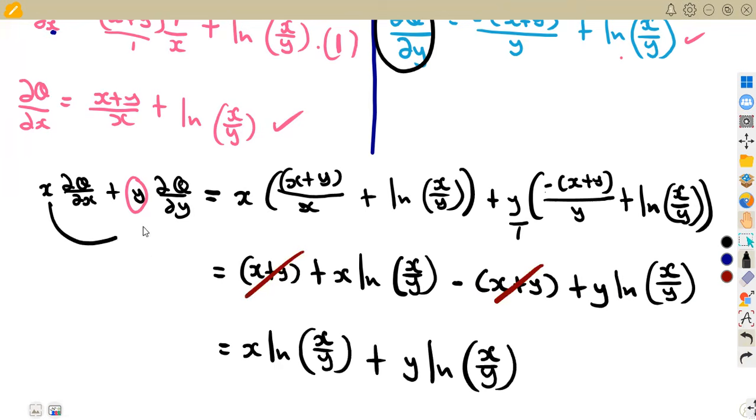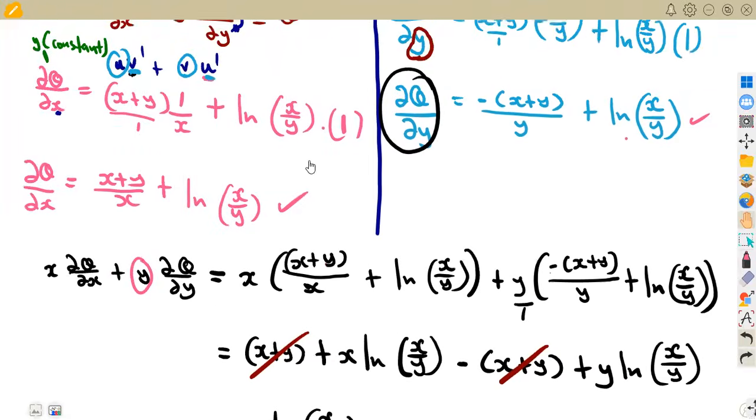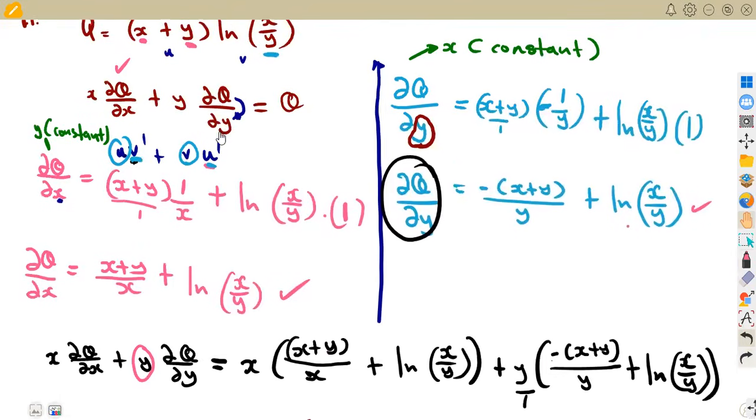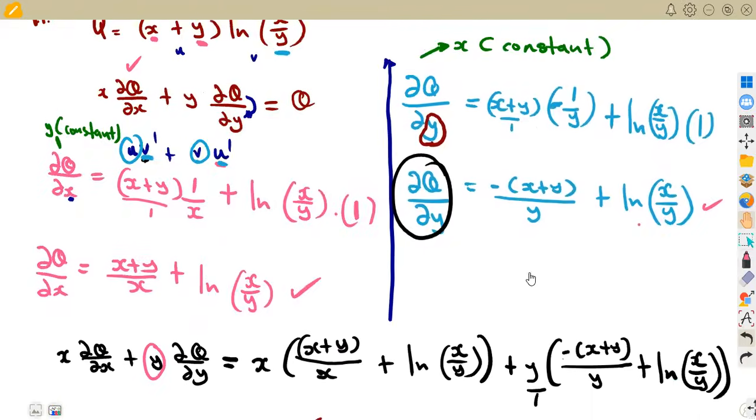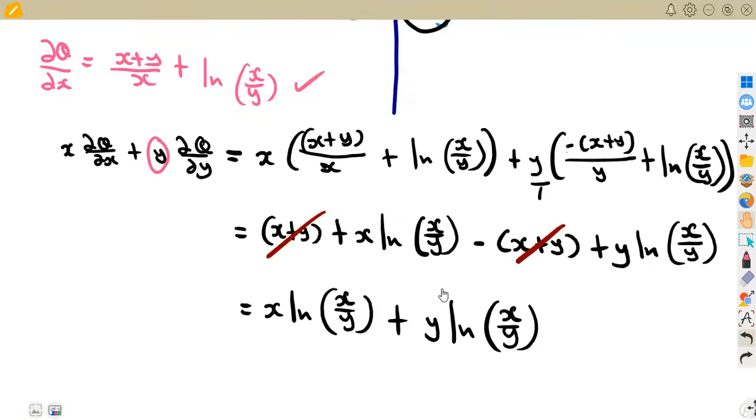So this is from this expansion, remember. And what is it that we see here? If we take a closer look at this part, it is actually similar to this part that we had, only that if you see what happened, they just factored ln x over y out. So this is exactly what we have, because we've got ln x plus y, which is common.